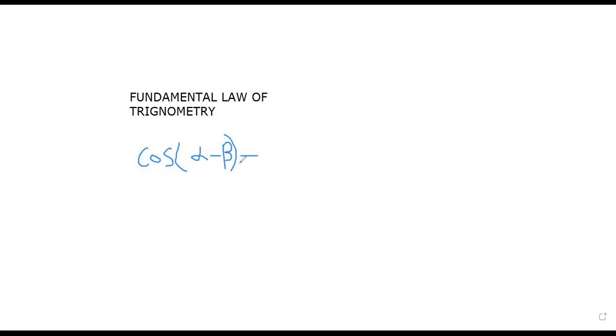So first of all, if we discuss the fundamental law of trigonometry, if I write cos of angle alpha minus beta, this will be equal to cos alpha cos beta plus sine of alpha and sine of beta.